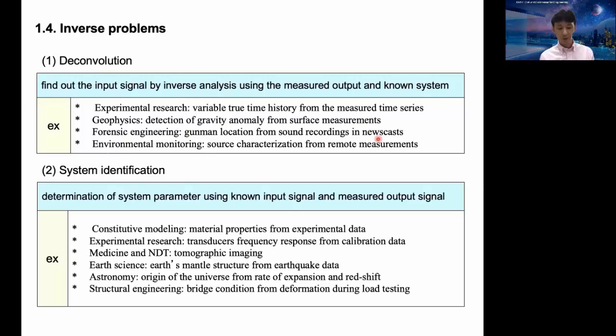System identification is to determine the system parameters using known input signal and measured output signal. Or in our Earth science, from the earthquake data, we know the input and the output, and then we identify the Earth's mantle structure, what the inner core and the outer core are made of, and what the mantle is made of.